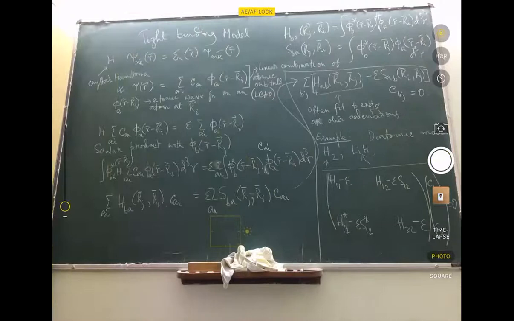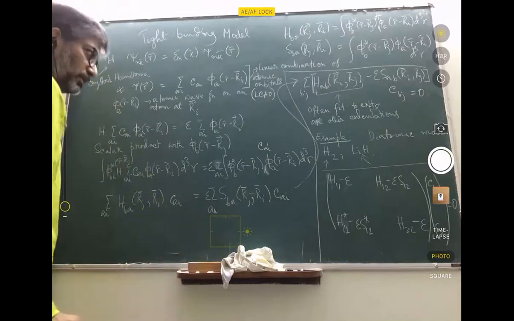So that's the equation for a diatomic molecule in which each atom has one orbital on it.